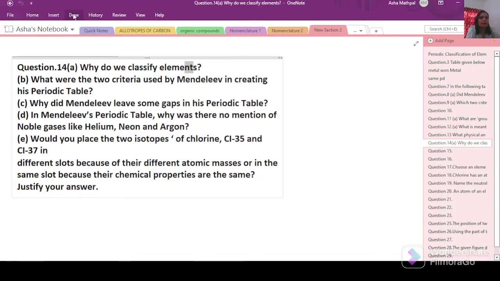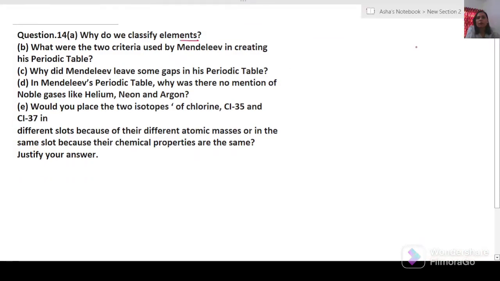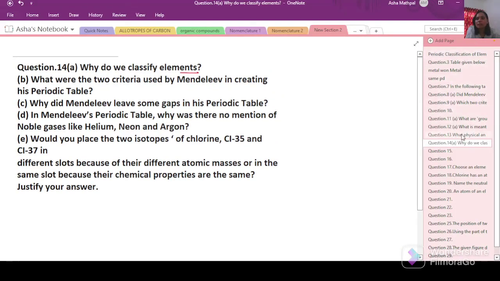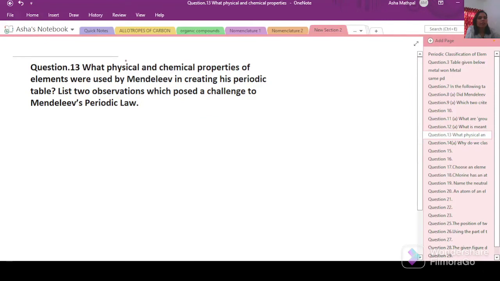Let me check the pen first. Now it is working, I think. Yes. So I'll go back to the previous question first, question number 13. The physical property which Mendeleev used is the increasing order of atomic mass, and for the chemical, you can write the formula of the oxides and the hydrides.